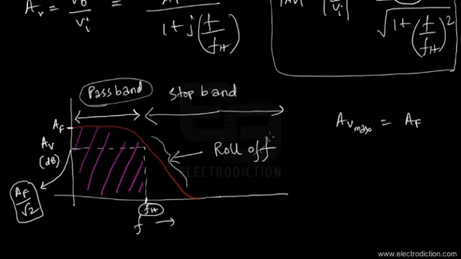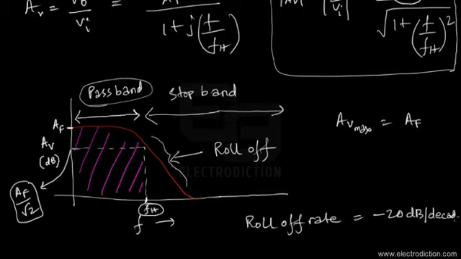And the roll off just takes place at a certain rate defined by the roll off rate of this particular curve. So the roll off rate of this particular curve is about minus 20 decibels per decade. Now what does this mean?